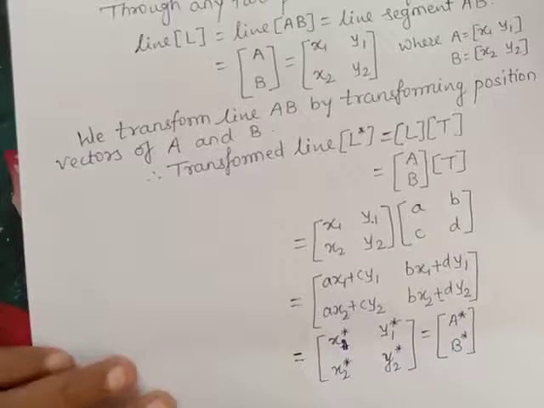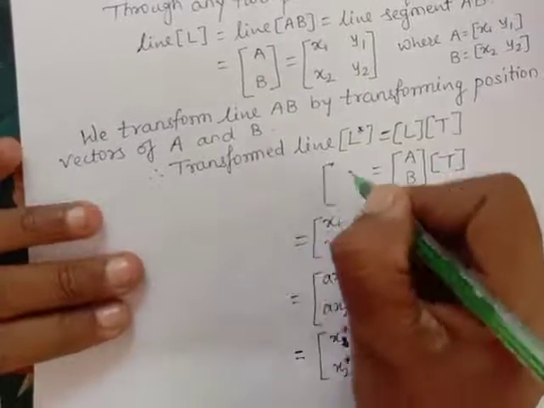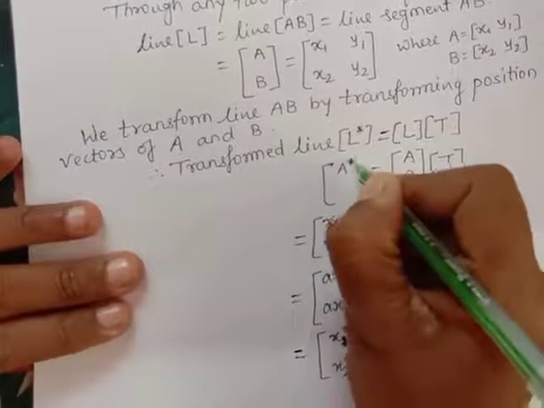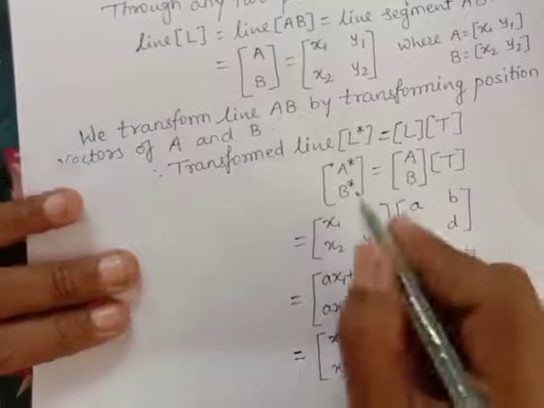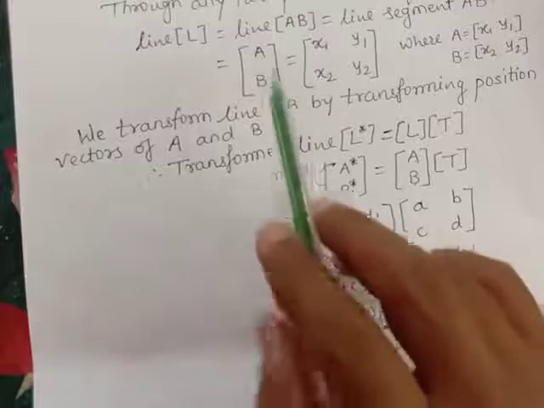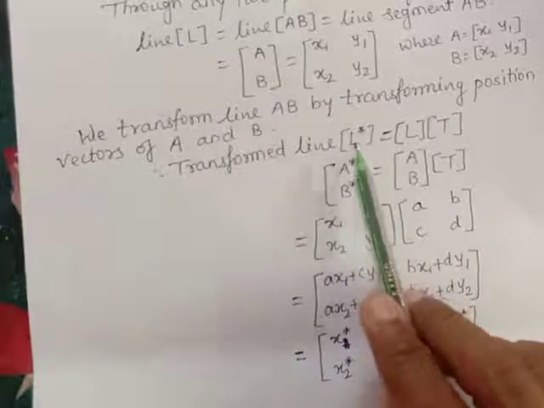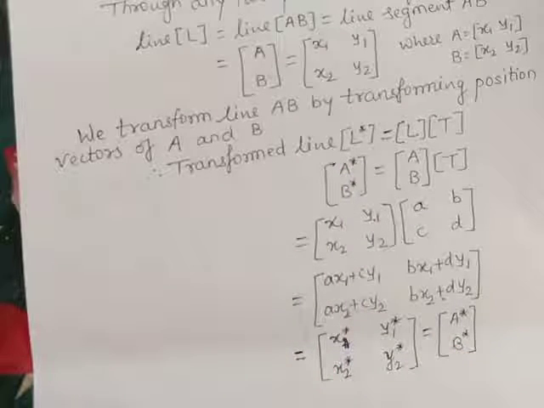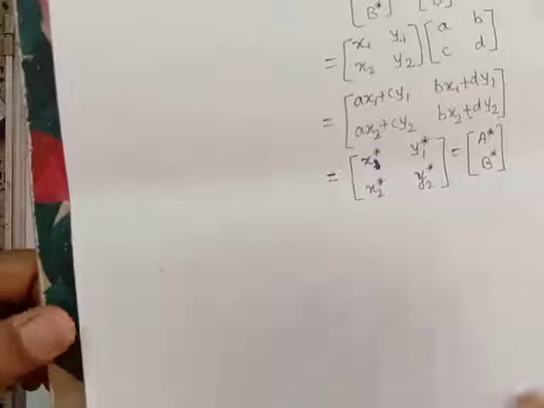Here itself let me write: this is A star B star, will be this one, right? Now it means we get that a given line will transform to a new line. Now let me take a small question on this example.